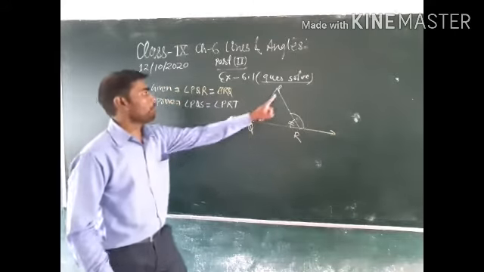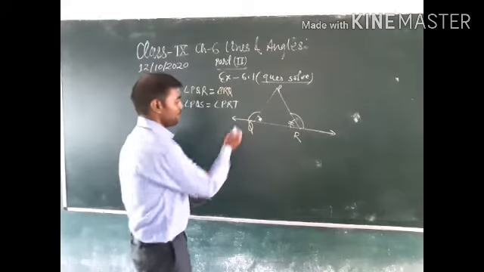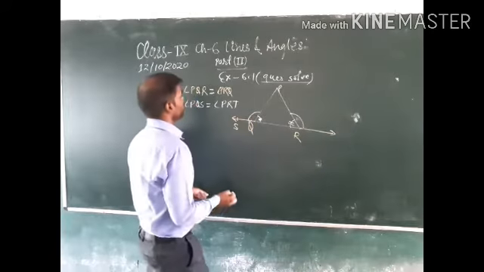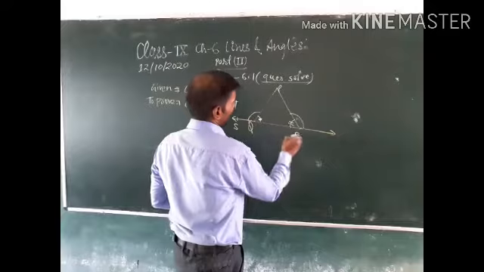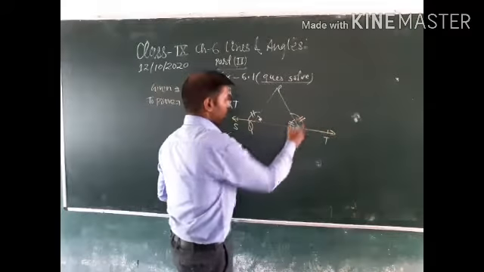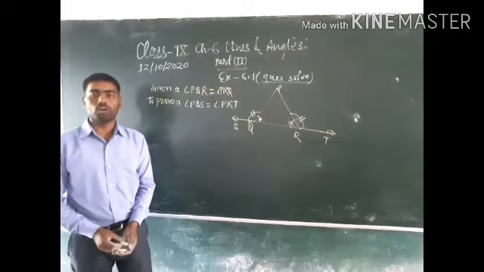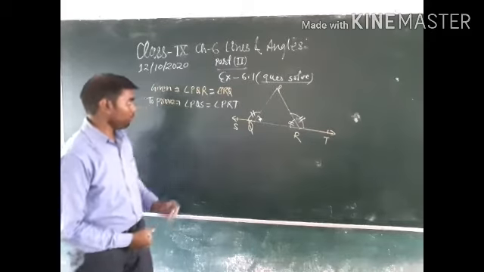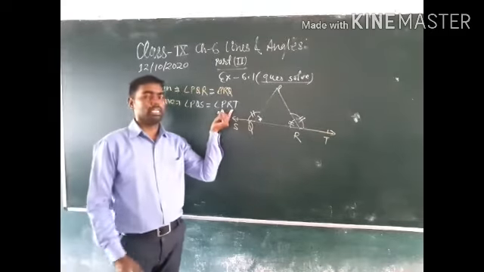Given, to prove PQS is equal to PRT. It means this angle and this angle will also be equal to each other. So we prove angle PQS is equal to angle PRT.